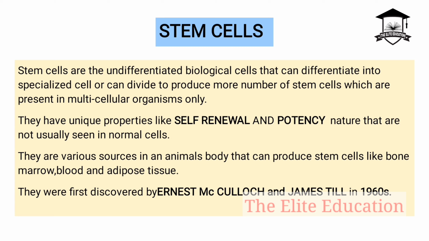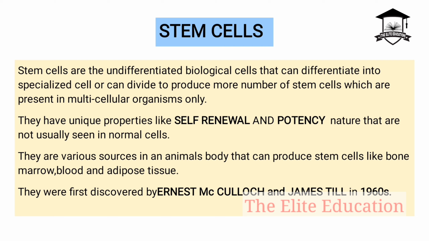There are various sources in an animal body that can produce stem cells, like the bone marrow, blood, and adipose tissue. Stem cells were first discovered by Ernest McCulloch and James Till in the 1960s. And you might be wondering which kind of stem cells they discovered.